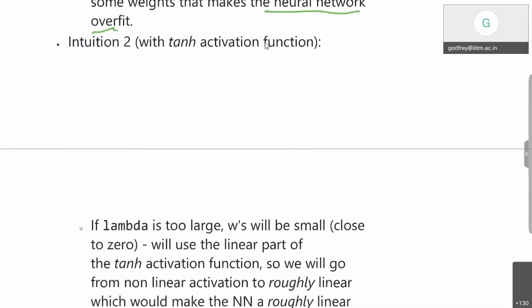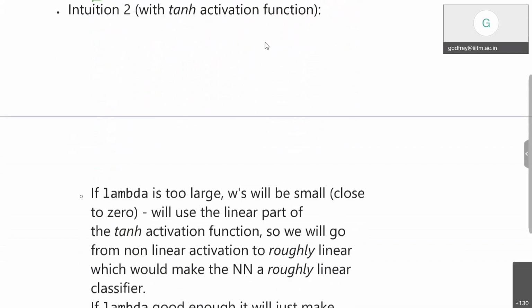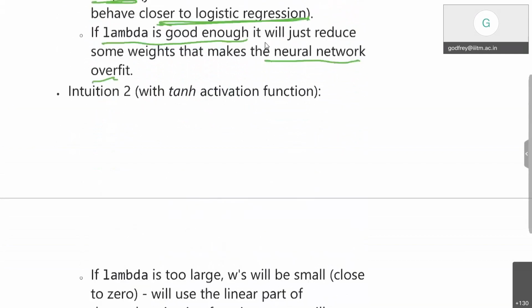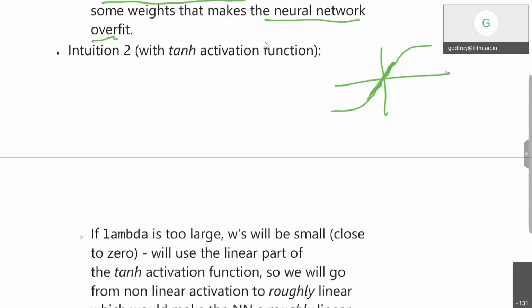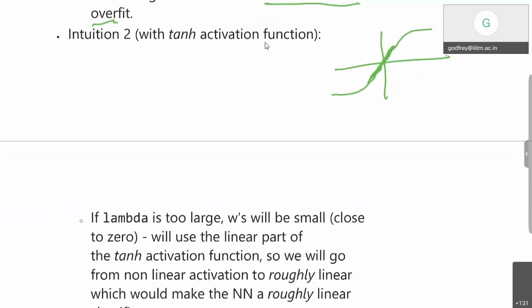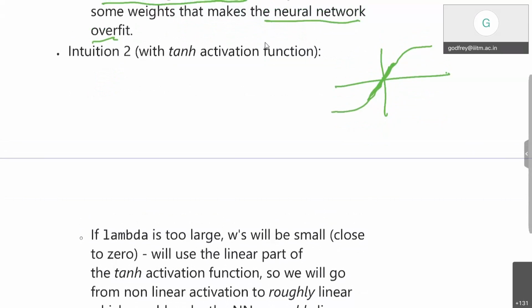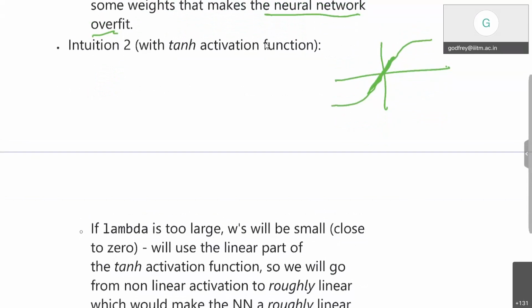So the other intuition is that we have an activation function. So if lambda is too large, W will be too small.